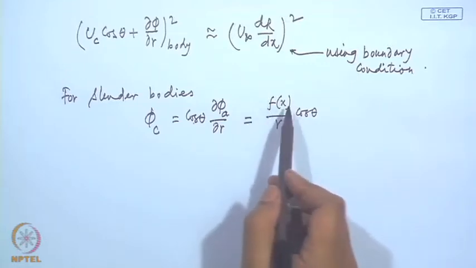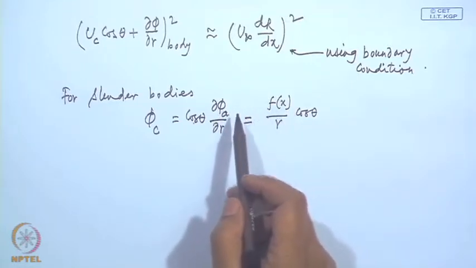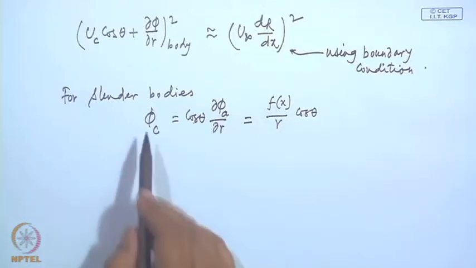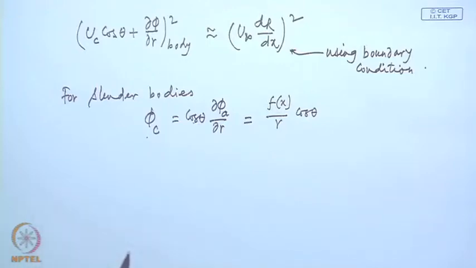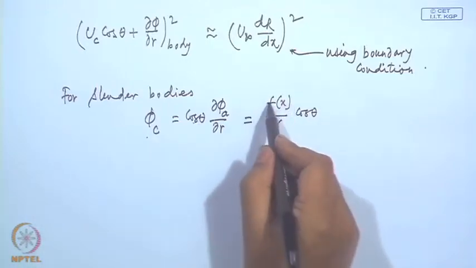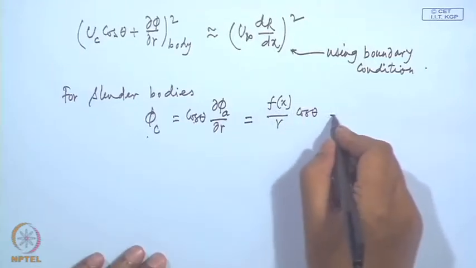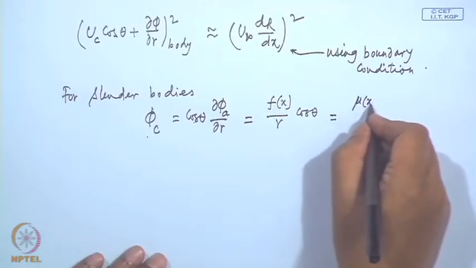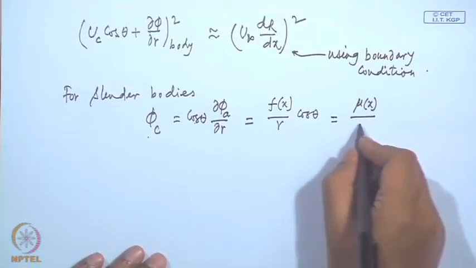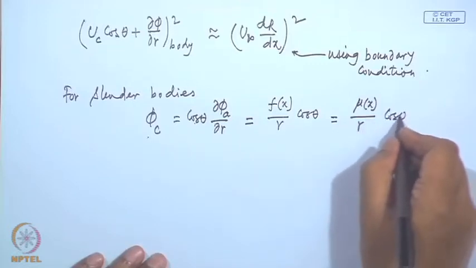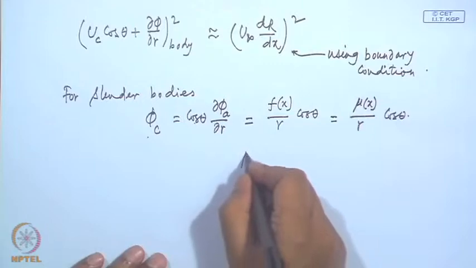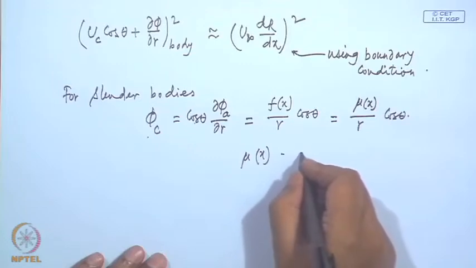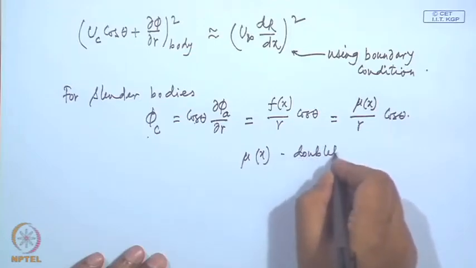However, if you remember, for the axial flow this f x represented the source distribution. However, now for phi c this must represent the doublet distribution, and we now give the standard notation for doublet strength, that is mu x cos theta, which is the doublet strength distribution.